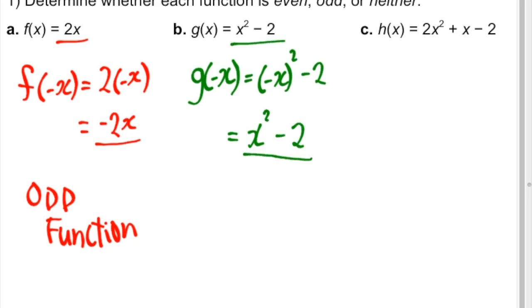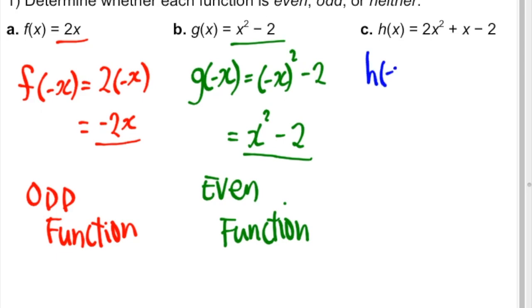So your original g of x stayed the same, x squared minus 2. So this function is an even function. And some of you may have noticed that the first question has an odd exponent and the second question had an even exponent. So therefore, that may be the fastest way to look at it. However, there are many different ways to tell whether a function is even or odd.